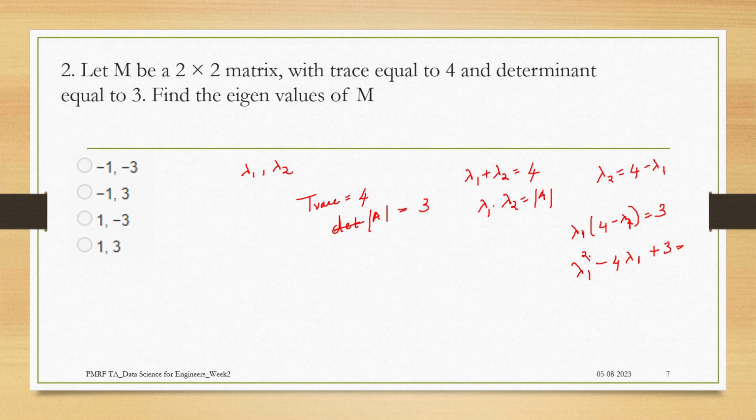That will be lambda 1 minus 3 and lambda 1 minus 1 equal to 0. So lambda 1 will be 3, 1.